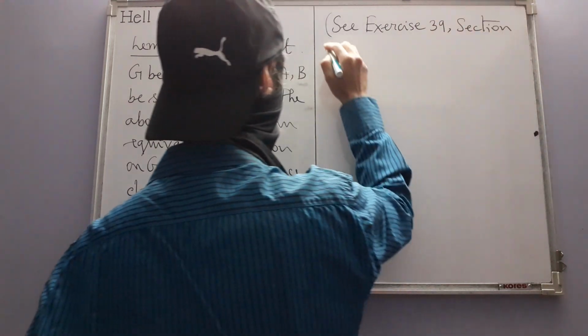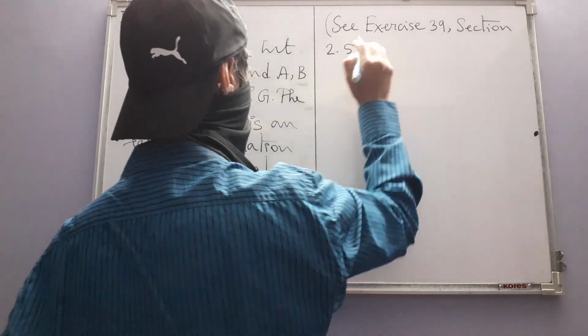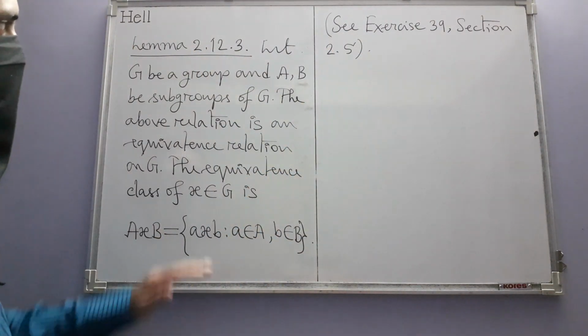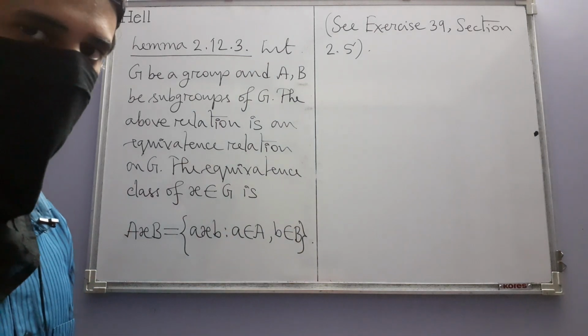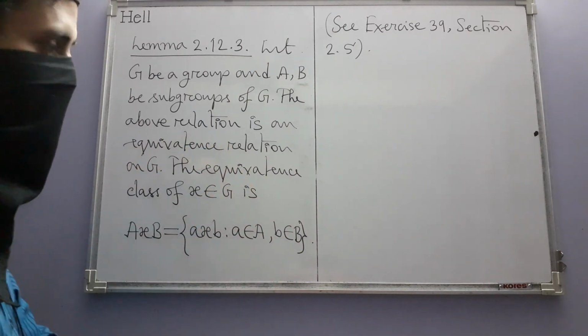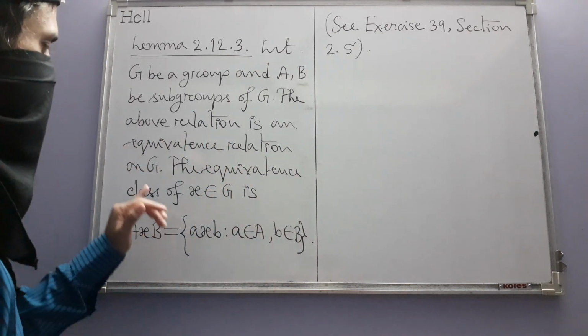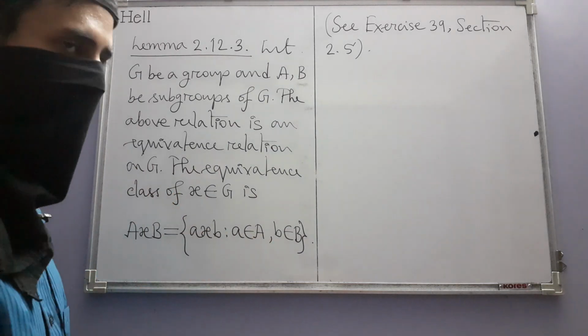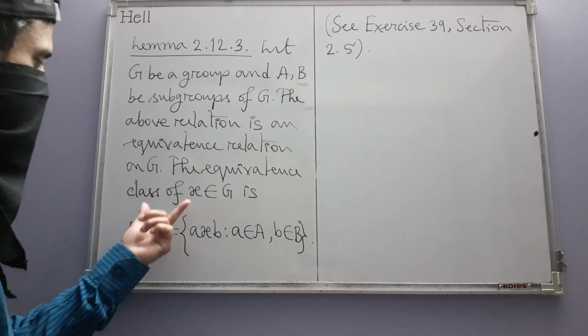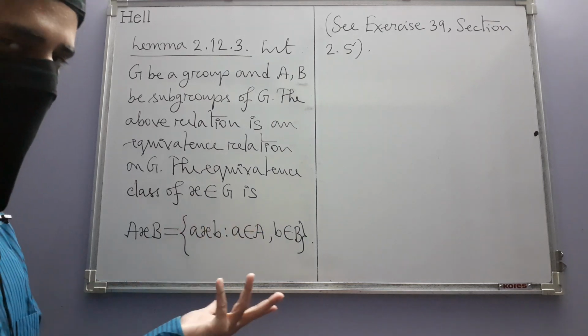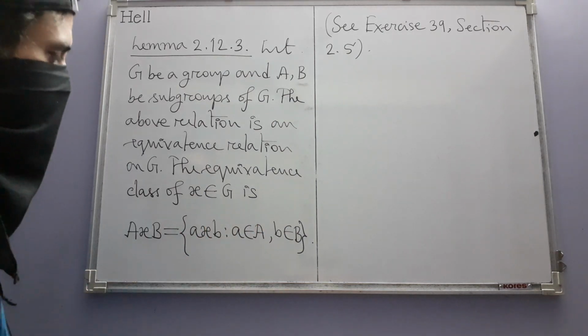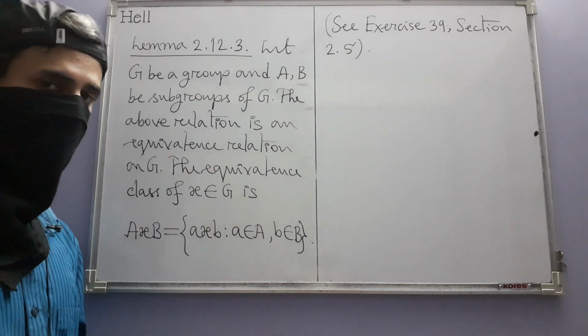So we have this fact that this lemma is true, that we have such an equivalence relation on any group G for two given subgroups A and B, and the equivalence class of any element X looks like this. Now these equivalence classes have names.